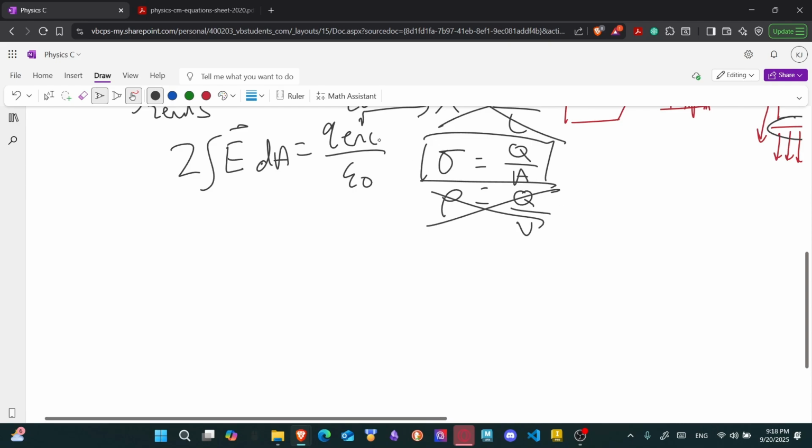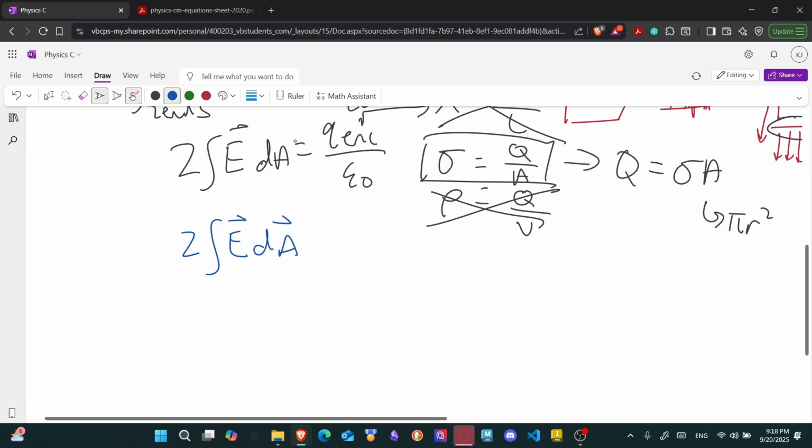So to set it equal to Q, quick little algebra steps. Q is equal to sigma times area, and area is pi r squared. Okay, so rewriting this, the integral of E dA, forgot the 2, it's equal to sigma pi r squared over epsilon naught.